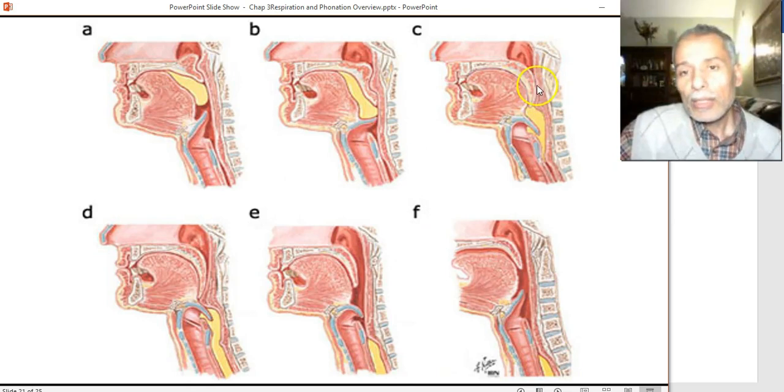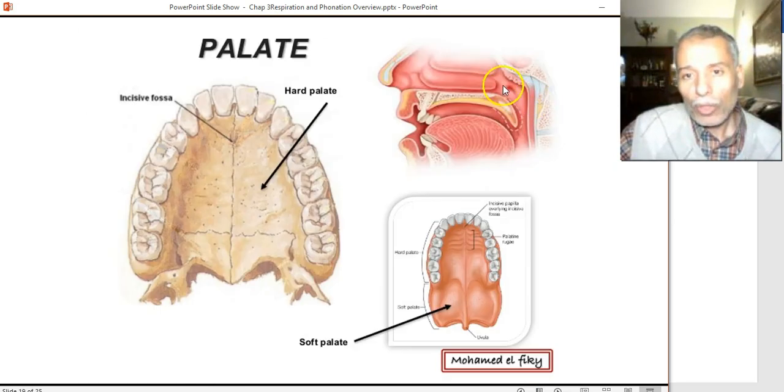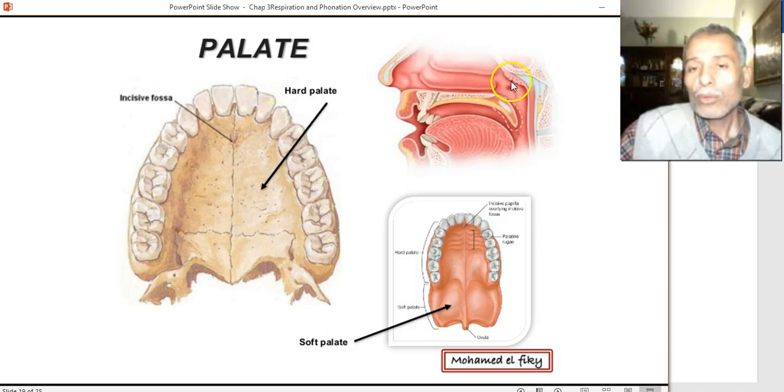So in that case, when there is excessive closure or the adenoids are enlarged, and then the velum cannot lift to close well there, that is going to cause hyponasality. Not enough air going through the vocal tract, the nasal cavity, because there is blockage by the adenoids.